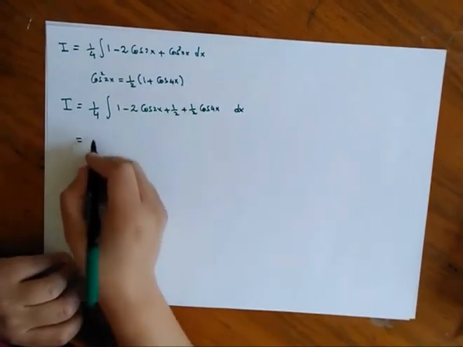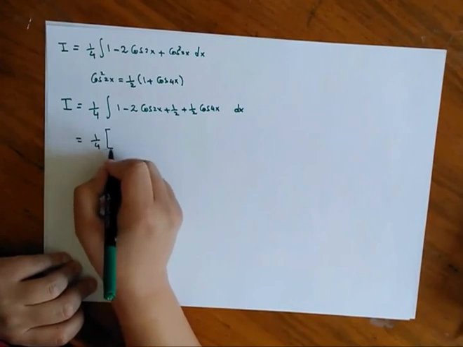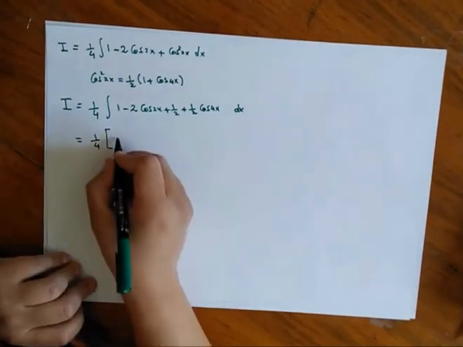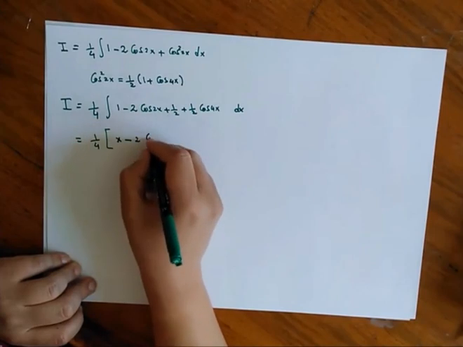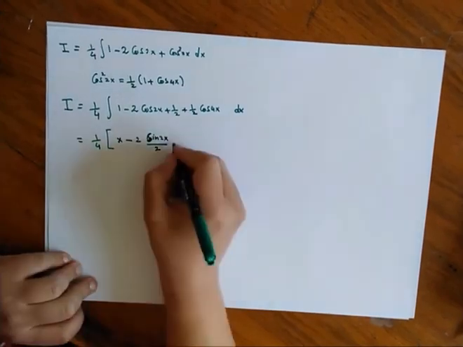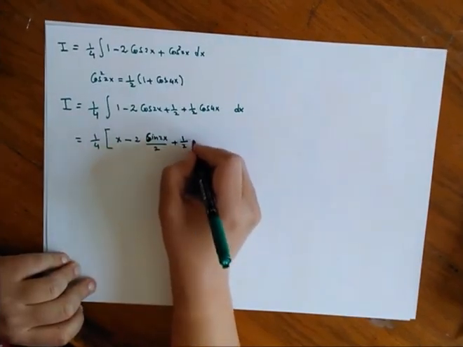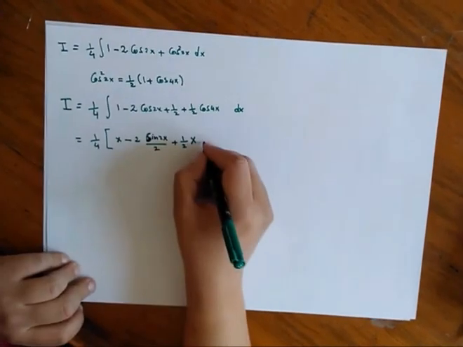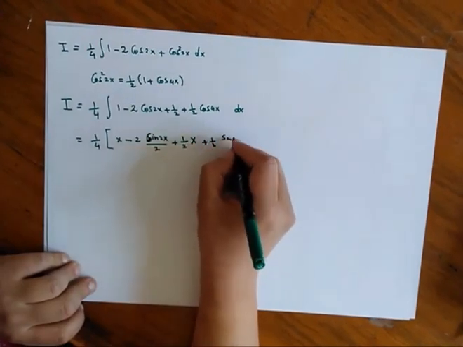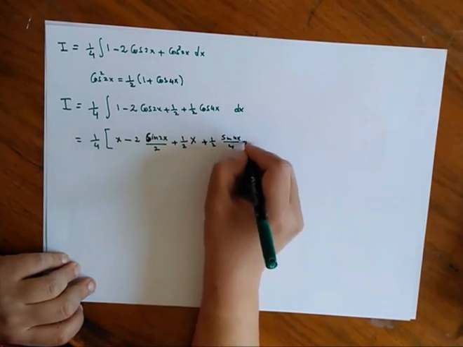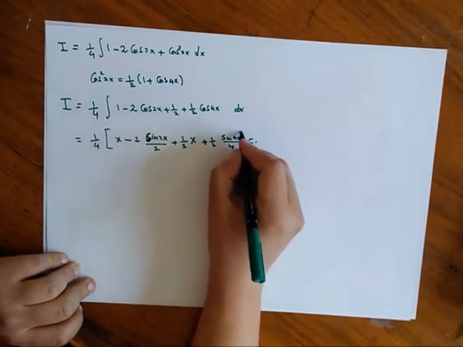So you'll have 1 over 4, and now you can integrate easily. So the 1 is going to be x, and then 2 cosine 2x will be sine 2x over 2, and then you'll have half x, and then half times sine 4x over 4 plus c.